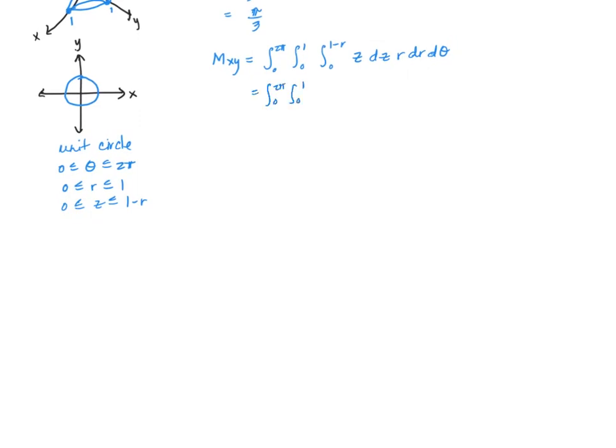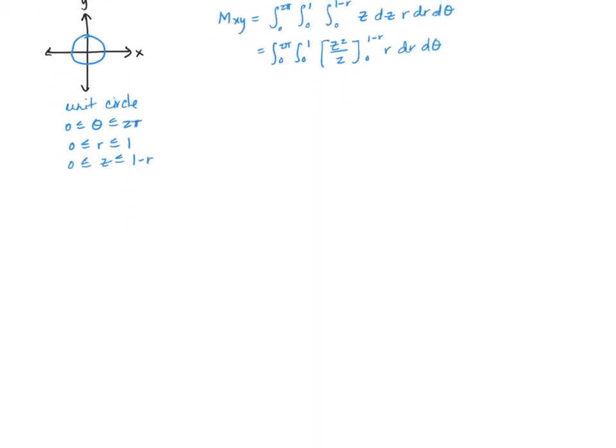And then integrating with respect to z gives me a z squared over 2, 0 to 1 minus r, r dr d theta.